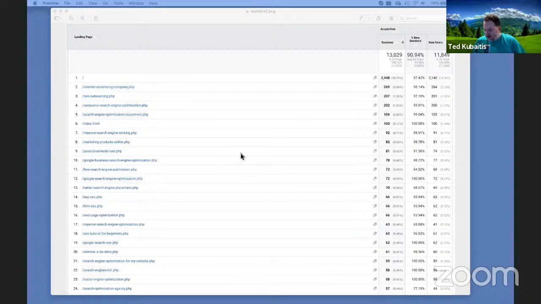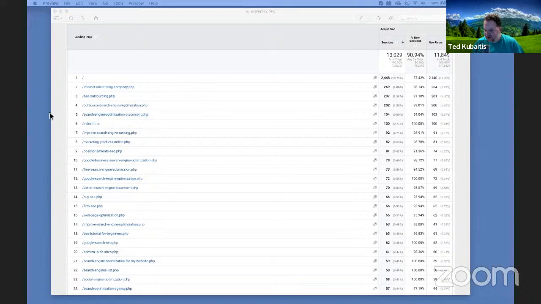So this might be a little bit hard to read, but this is out of Google Analytics. I'm looking at one of my sites where I look at keywords, and this is in the SEO and marketing space. In Google Analytics, it's telling me that these pages from these sites got these sessions.